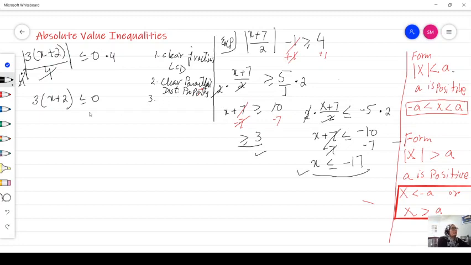I'm going to distribute 3 with x and 3 with 2, and remember, this is positive 3 and this is positive x. So positive 3 times positive x will give me 3x. Positive times positive is positive, and 3 times 2 is 6. Less equal 0.